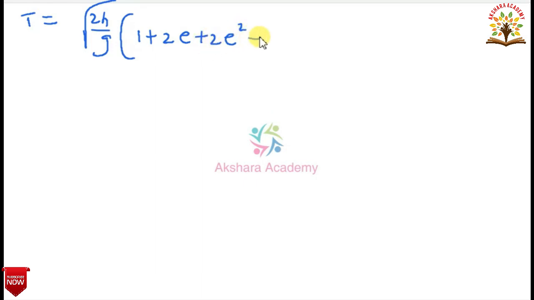Next is equal to square root of 2h by g of 1 plus 2e plus 2e square plus 2e cube plus 2e power 4 plus and so on.